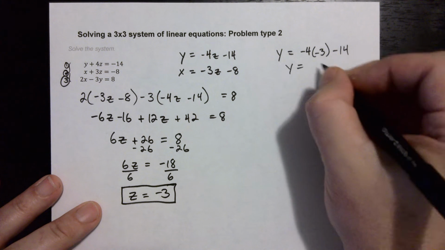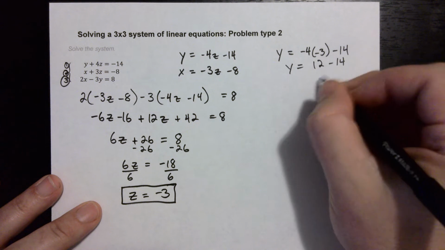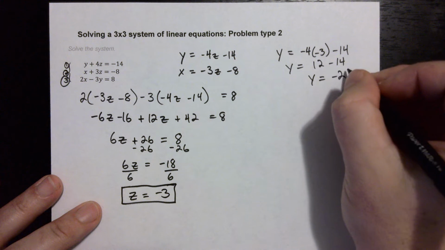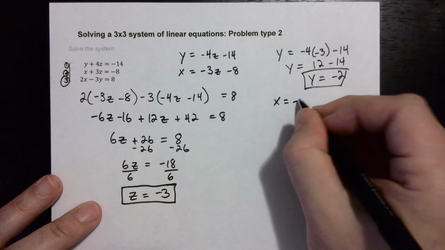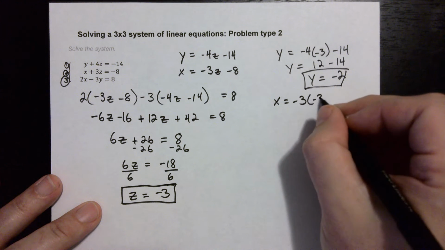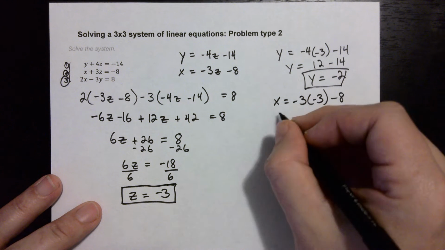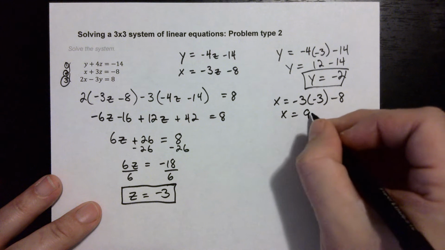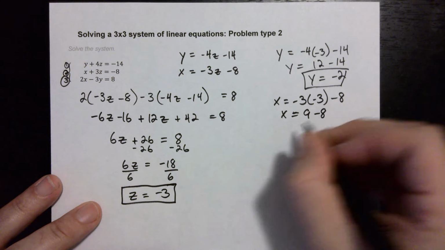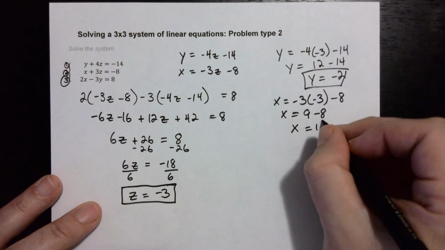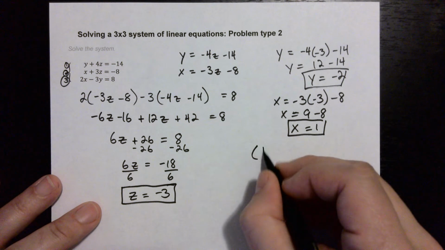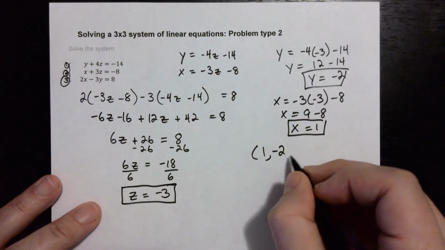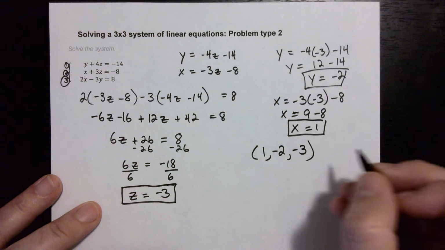So y is equal to 12 minus 14. y is equal to negative 2. x is equal to negative 3z minus 8, so negative 3 times negative 3 minus 8. x is equal to 9 minus 8. So x is equal to 1. And we had the ordered triple of 1 for x, negative 2 for y, and negative 3 for z.